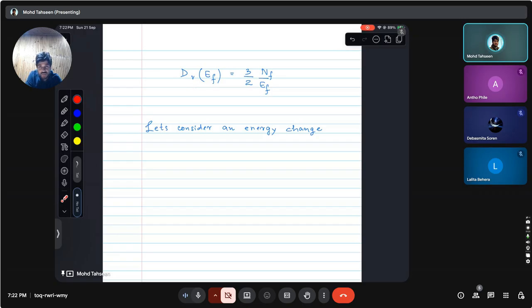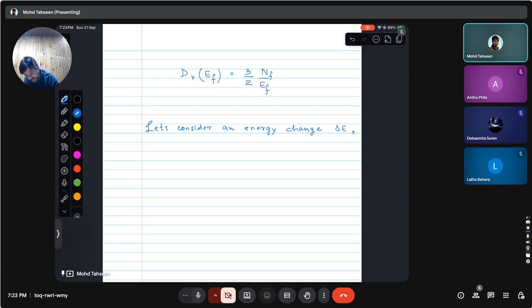How those electrons are distributed across the energy levels. So this expression relates these two quantities. Now, what happens when we consider an energy change delta E?